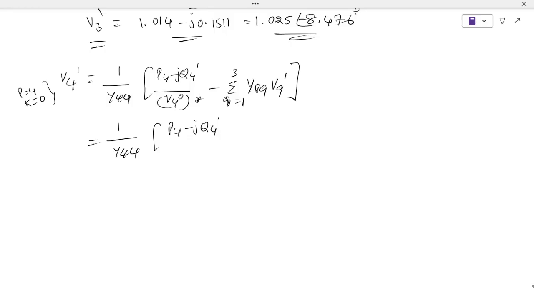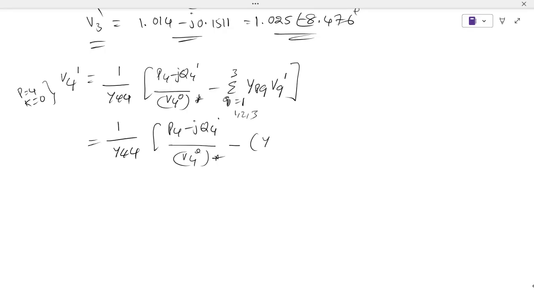Now 1 by Y44, P4 minus jQ4, conjugate, minus, here Q is equal to 1 to 3, that is 1 comma 2 comma 3.